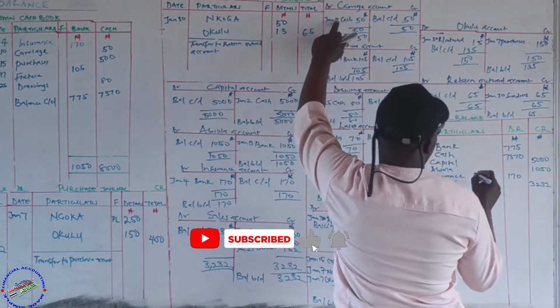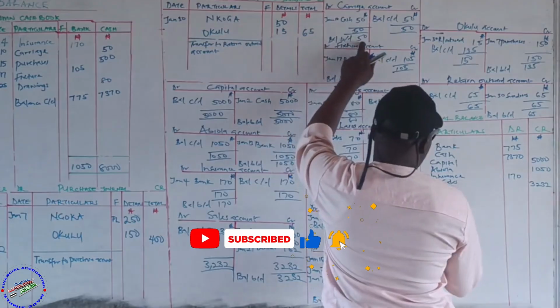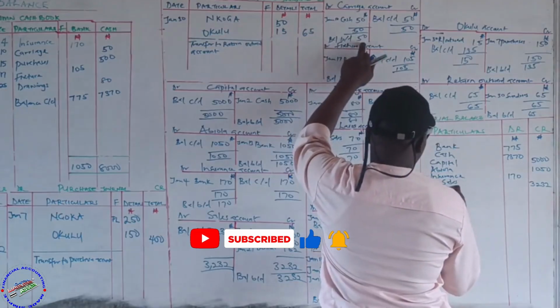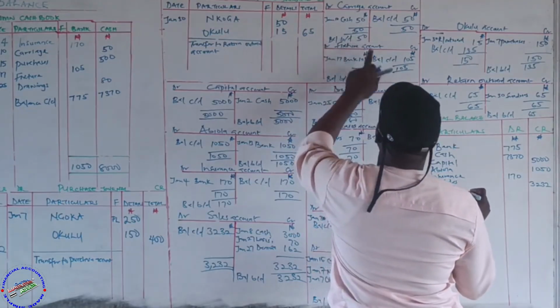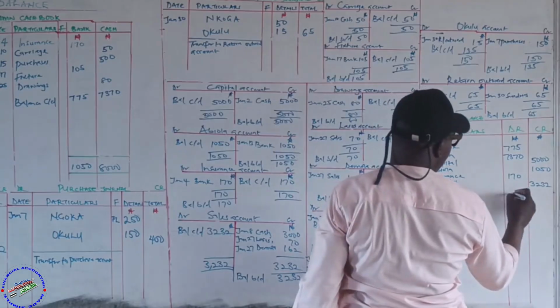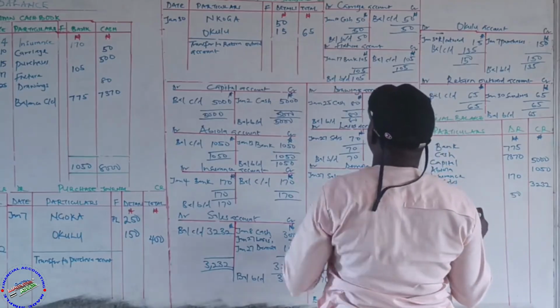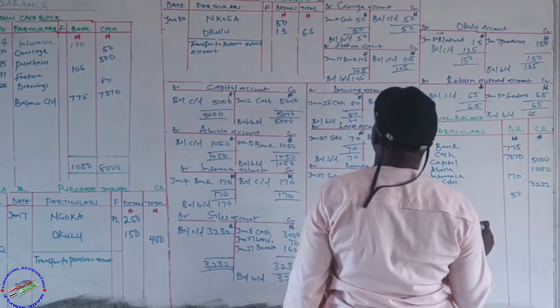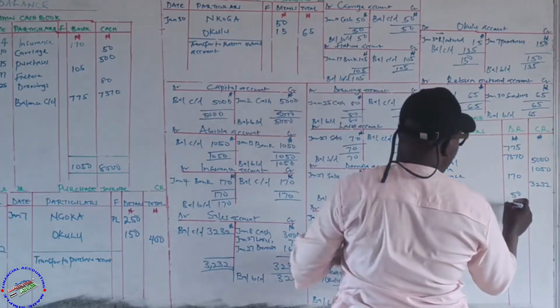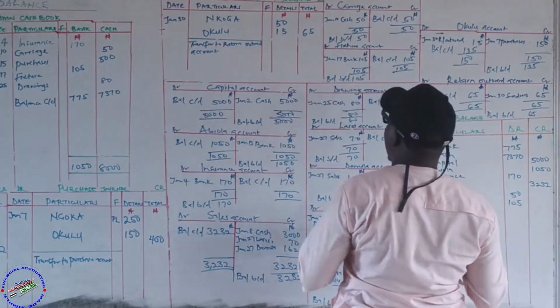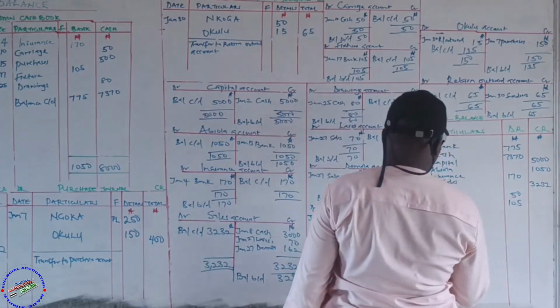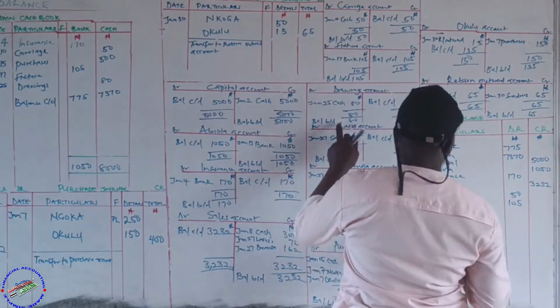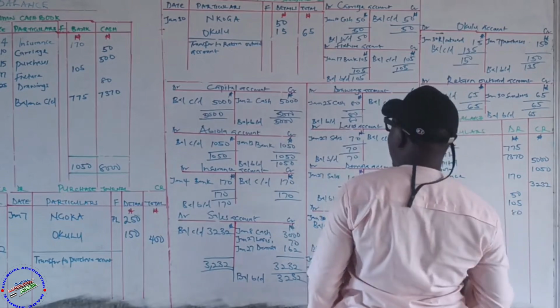We have carriage, balance brought down on the debit side. Carriage, 15 naira. I have fixture, balance brought down on the debit side, 105. I have drawings, balance brought down, 18 naira on the debit side.